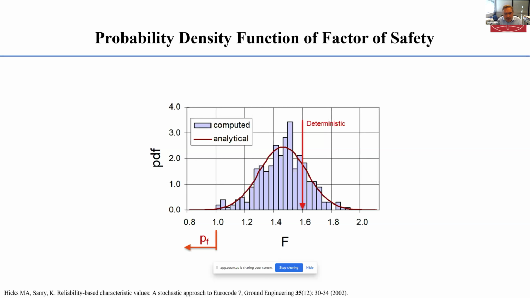When it gets narrower, what will happen is probably that the probability of failure will reduce. If that's not definite, it could actually increase, but it's quite likely to reduce, so giving us a more efficient solution because we have taken advantage of additional available site knowledge.